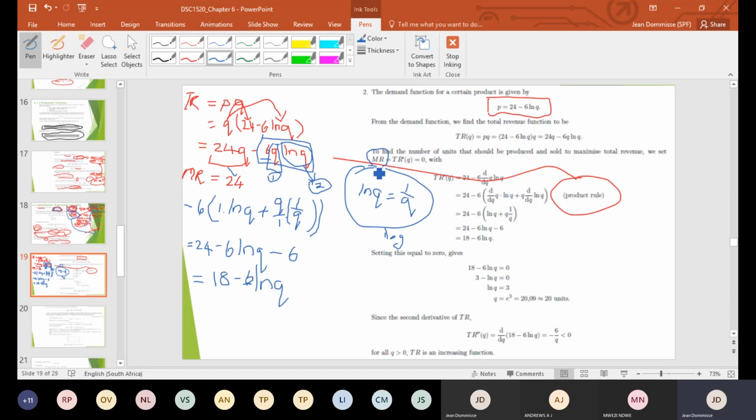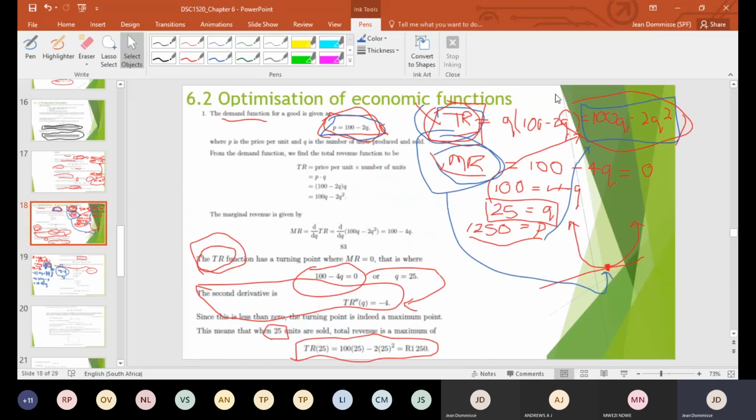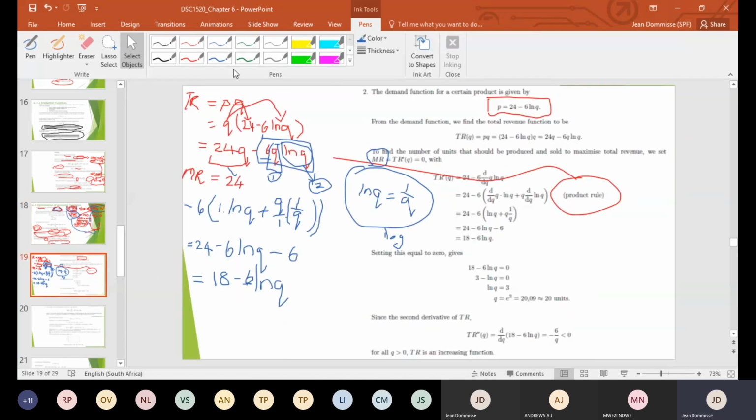So basically now what we still need to do is to calculate what that value will be. So to get that value, and back to these scribbles that I did here, we need to make it equal to 0. So 18 minus 6 ln of q is equal to 0.